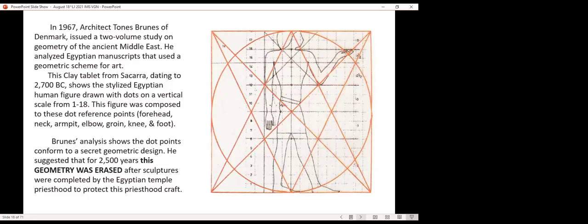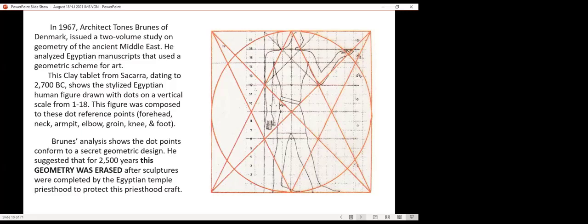It shows the stylized Egyptian human figure, recognized everywhere being the same, drawn with dots on a vertical scale from 1 to 18. This figure was composed to these dots, reference points at the forehead, neck, armpit, elbow, groin, knee, and foot. What did it all mean?